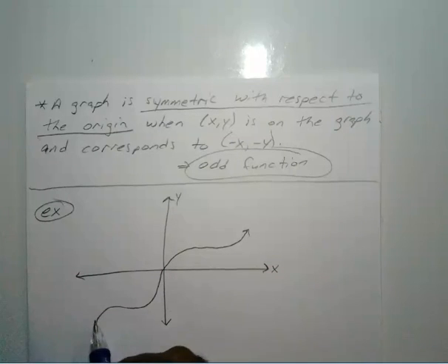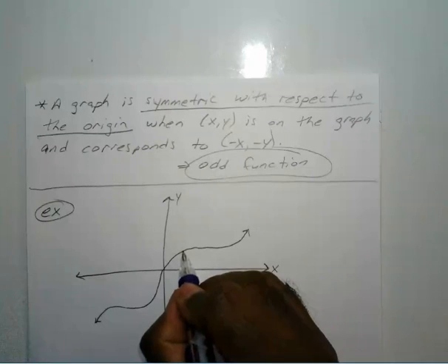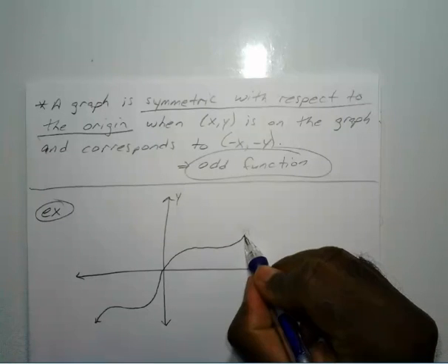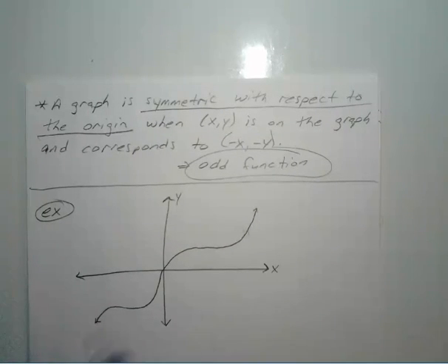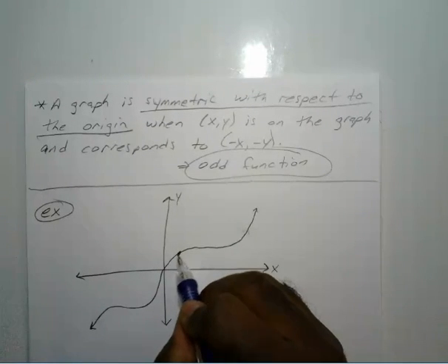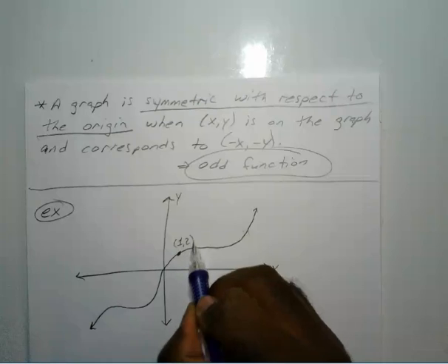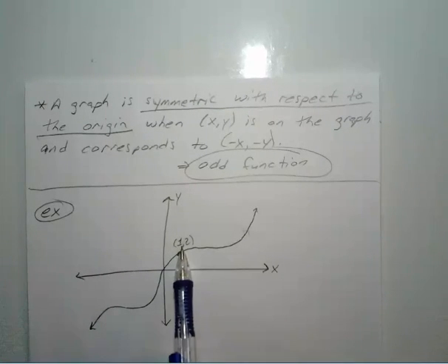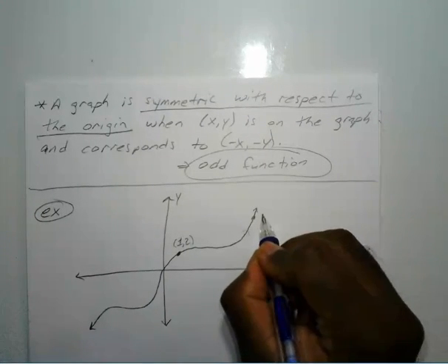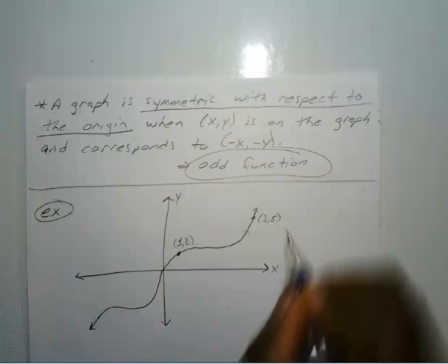Let's say we have the point 1, 2. X is 1, y is 2. And let's say here we have another point on the graph where x is 3 and y is 5.